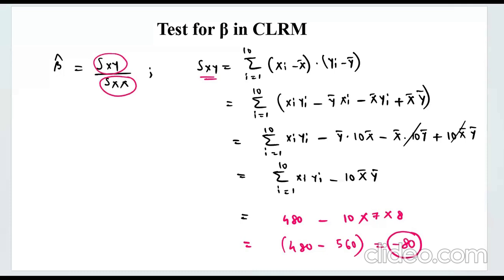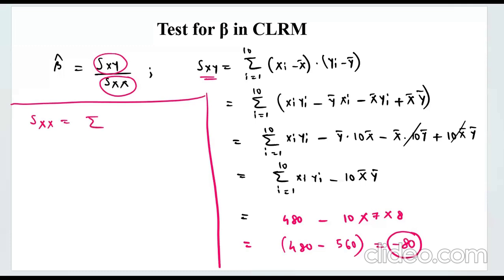Now find out what is Sxx. Sxx is the summation i from 1 to n of (xi minus x bar) whole square. This can be written as summation xi square minus n x bar square. Instead of n, you can replace it by 10, as n is given as 10. You can expand this whole square and you will get this thing.